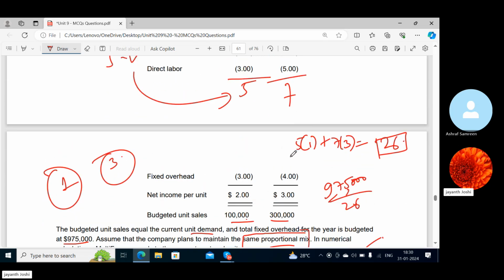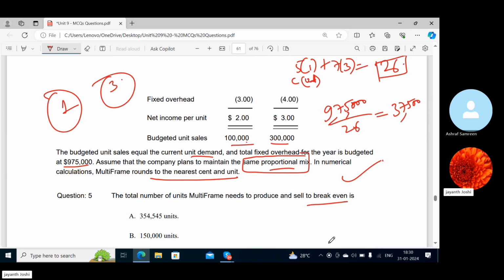Multiplied the contributions with their units. Now tell me what is the answer coming here? 37,500. Okay.